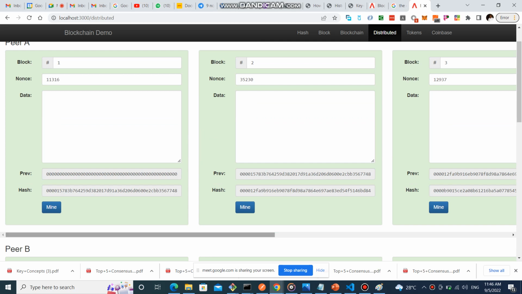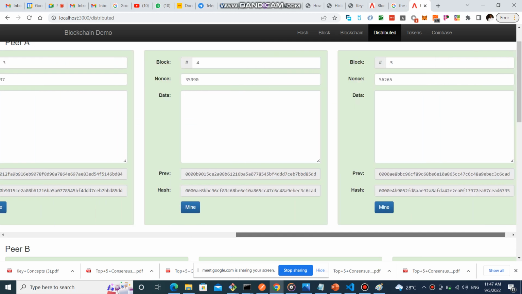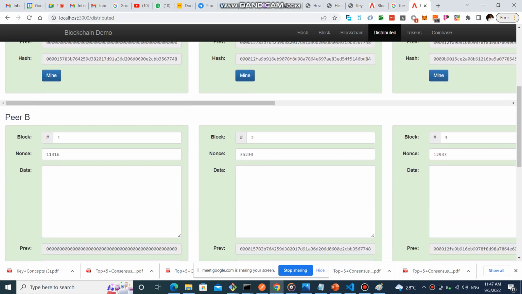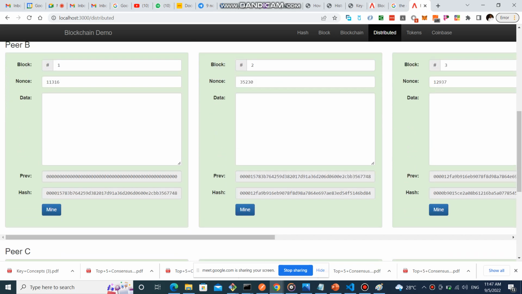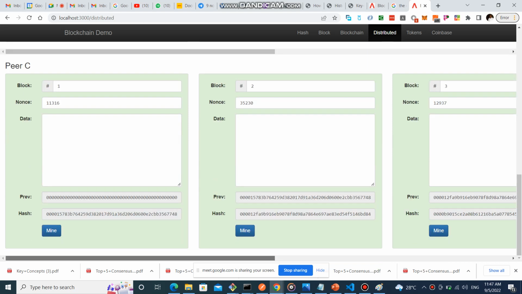So you can see this one here. The same values you have in the first pair are the same values you will have in the second pair. You can have the third one as well, with the same values, depending on the way you structure your blockchain network. You can have up to like five.